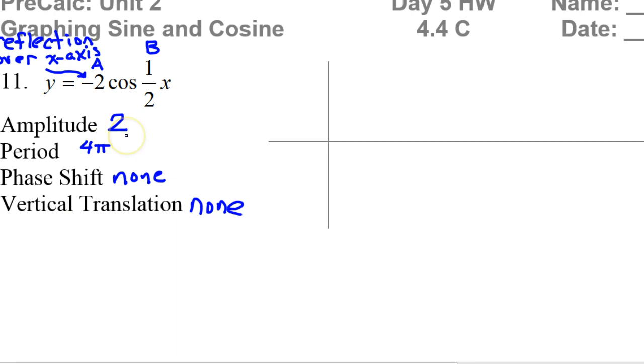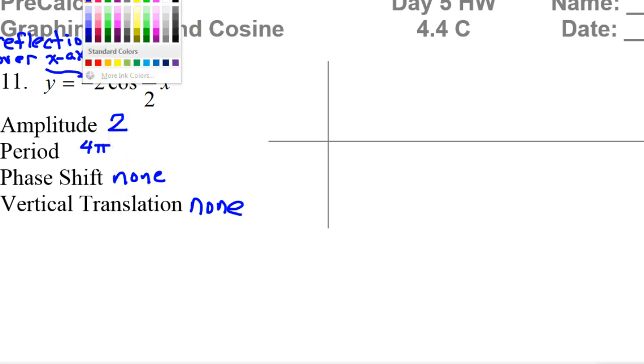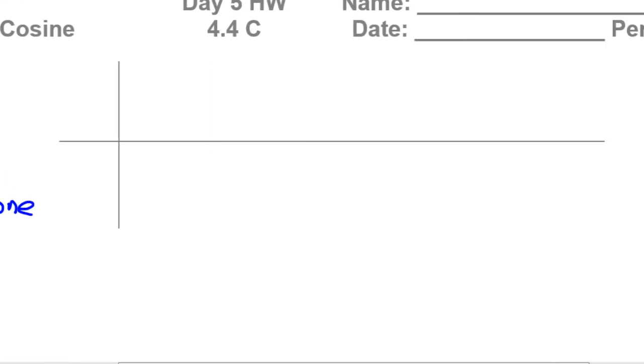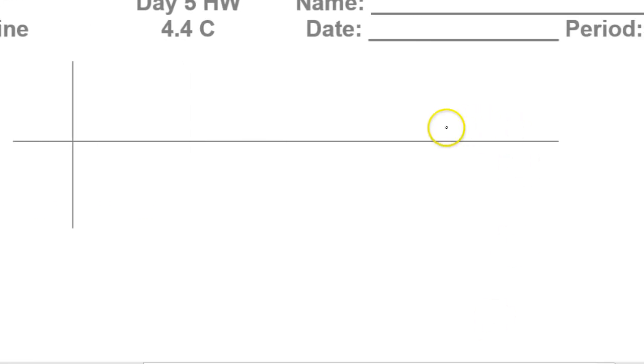Let's see. The period. You really want to start with the period. So since the period is 4 pi, I'm going to come way over here and put 4 pi on the graph. So if I go halfway, that will be 2 pi. Halfway again, that will just be pi.